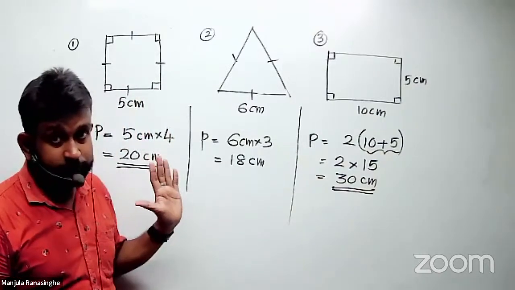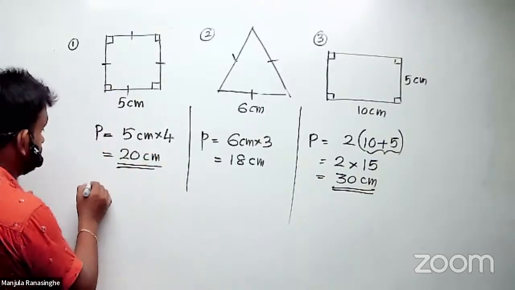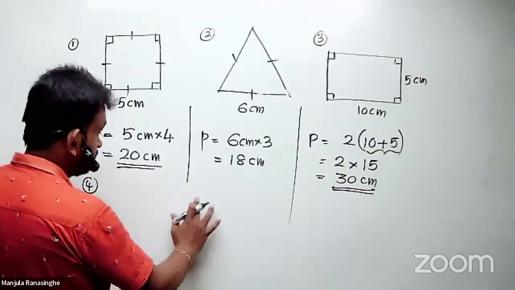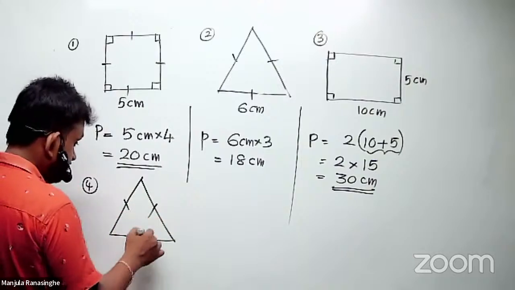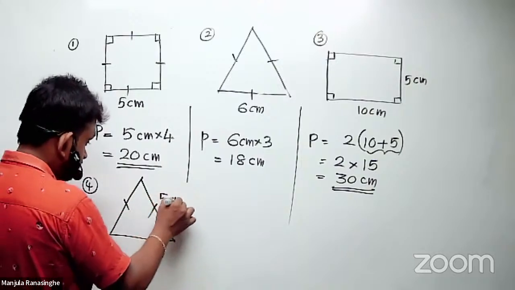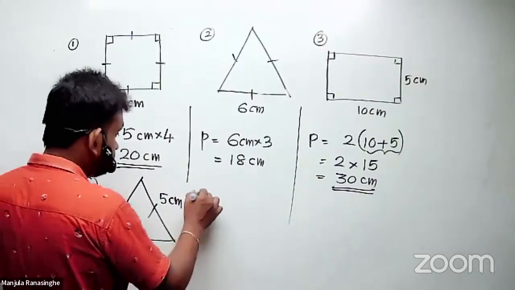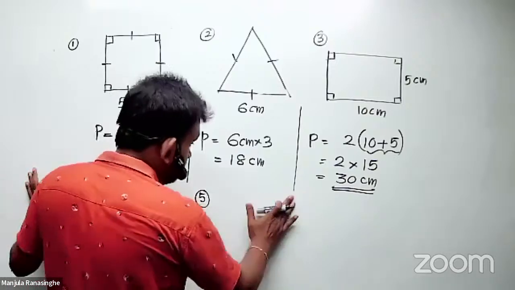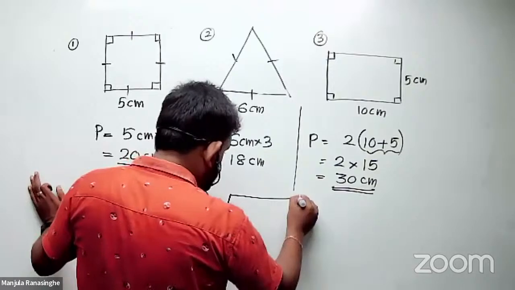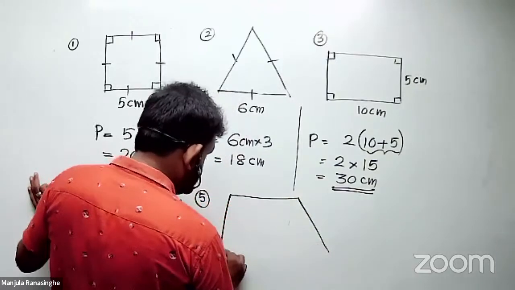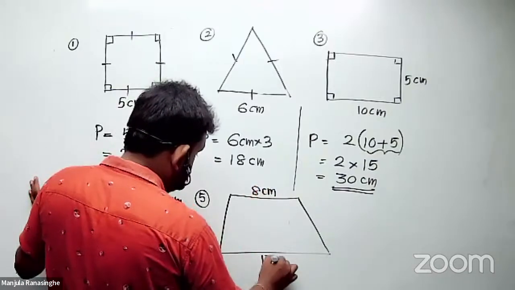Right. And the first three exercises I did, then I ask you to do two questions. So this is my fourth question: 5 centimeter and here 8 centimeter. And here I have a trapezium, here 8 centimeter, here 12 centimeter.